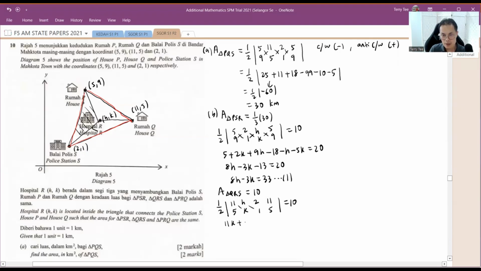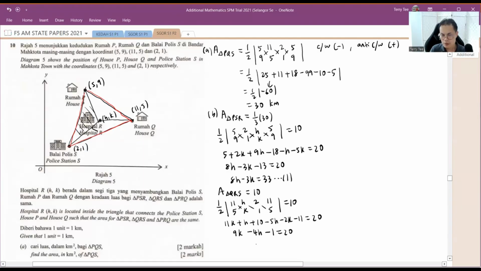This one is H. This is 10 minus 5H. 2K, 11. This is 20. So put them together. This time my H is negative. K is positive. 9K minus 4H minus 1 equals to 20.